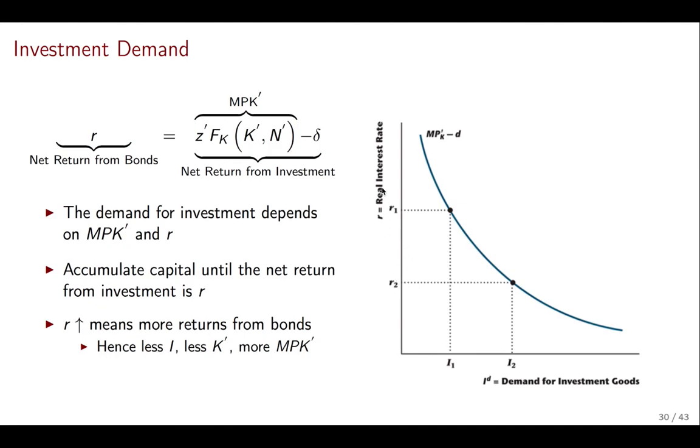In this case, if you start in R1 and instead of making R higher, you make it lower to R2, well, now investing in bonds doesn't sound like such a great idea. It might make sense to invest more in the firm. How much more? You keep investing up until the marginal product of capital net of depreciation is equal to the new interest rate. Okay, with that, we are done with the firm.